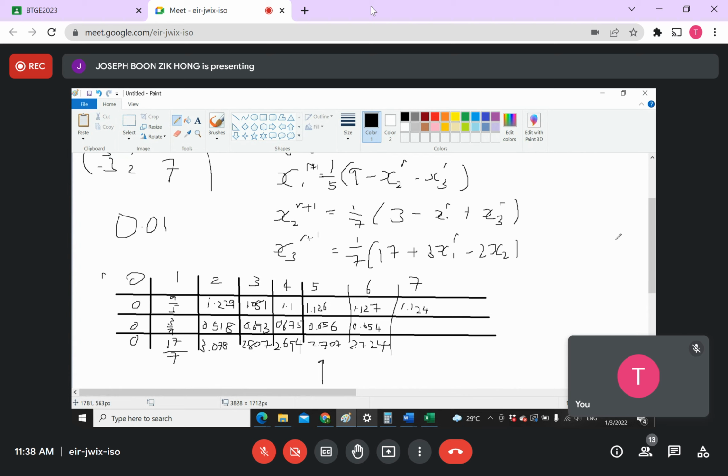It's like going up, down. 0.658. This one also the same thing: 0.656, 0.654, and then 0.658. Going up, down. So the actual value is around this area.